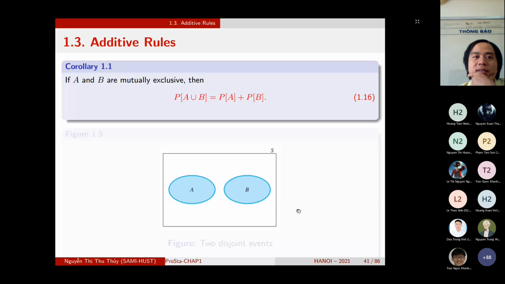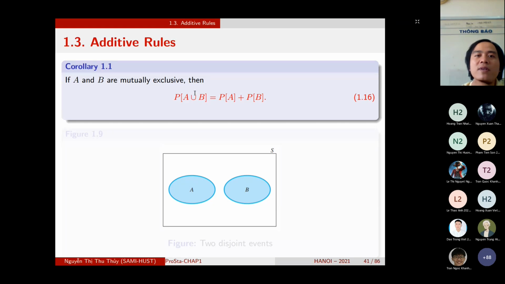So corollary 1.1 says that when the two events A and B are mutually exclusive, that means there's no common part between the two, then the probability of the union of A and B is equal to the probability of A plus the probability of B, okay.